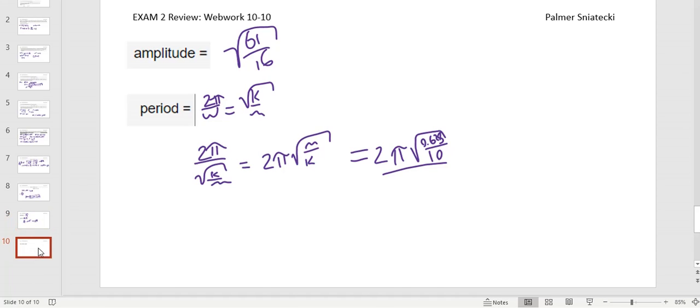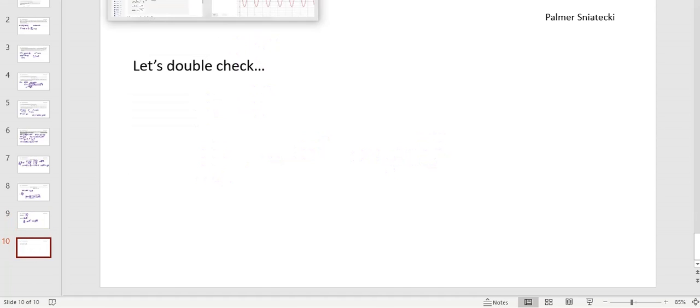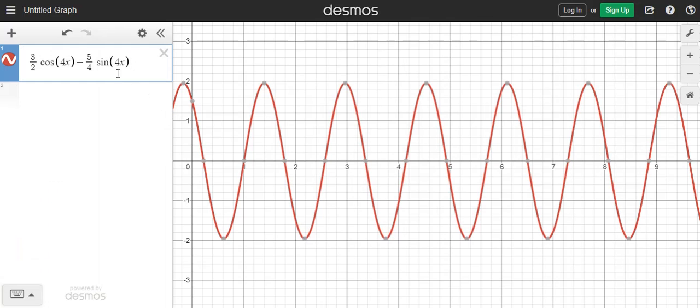Last but not least, we can just double check this in a graphing calculator too. If you put in your original equation without putting it all in terms of cosine, we've got your 3/2 cosine 4t minus 5/4, and we see there's our 1.5 meter starting point, and it goes in the opposite direction as it goes down.